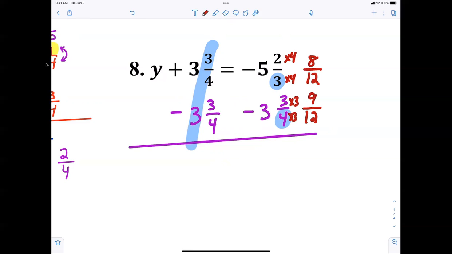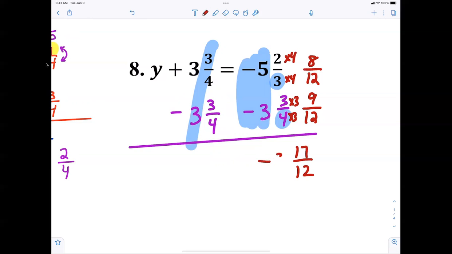So that fraction becomes 9/12. Now, we already said, what am I doing to the two fractions? Adding them. So altogether, 17 over 12. And what about the whole numbers? That would be -8.